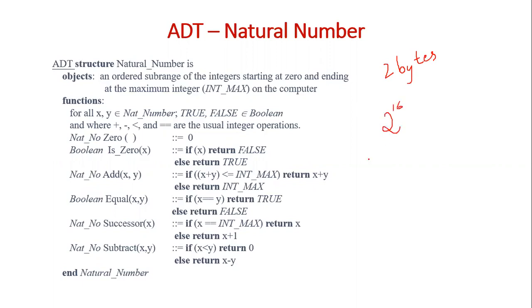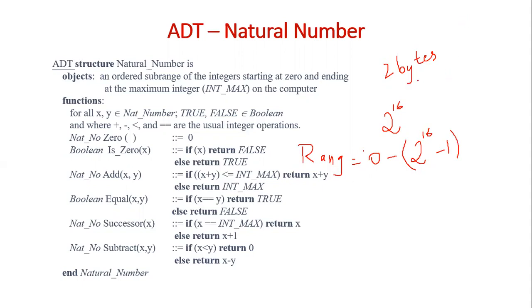Okay, that is from 0 to 2 to the power 16 minus 1. This many values you can store. Okay, this is the range. Range is 0 to 2 to the power 16 minus 1, whereas the number of values that can be stored is 2 to the power 16. The total number of values that it can hold is max 2 to the power 16 values.